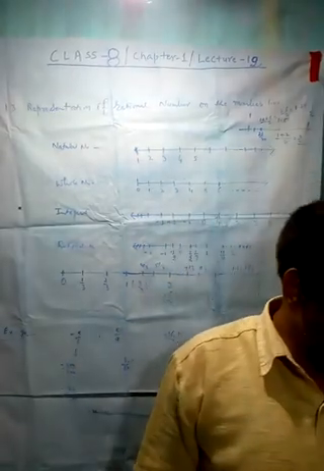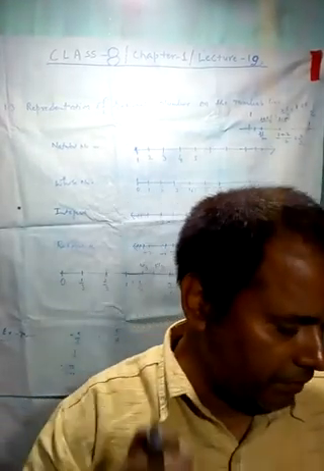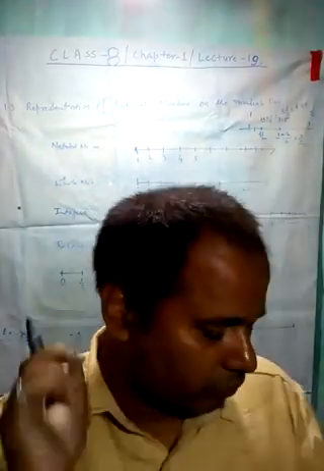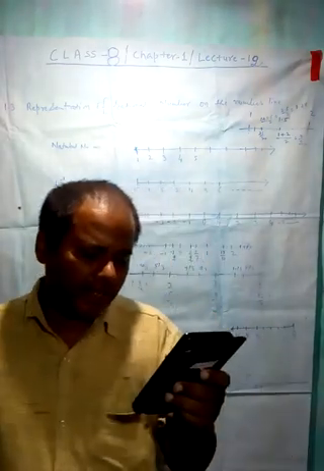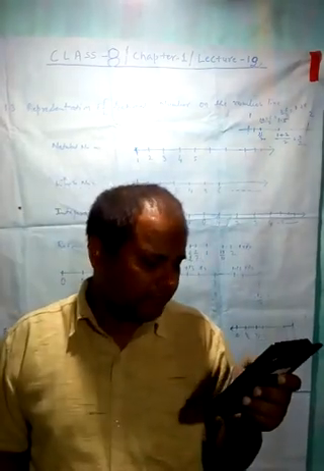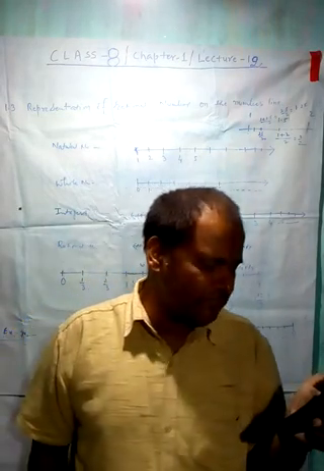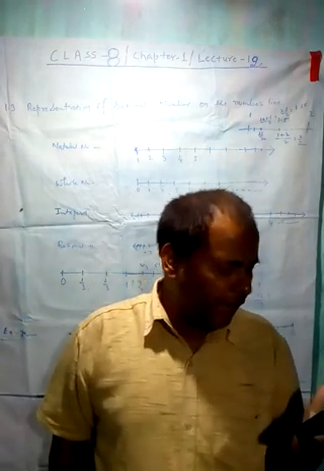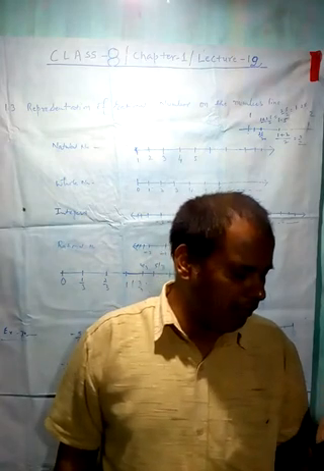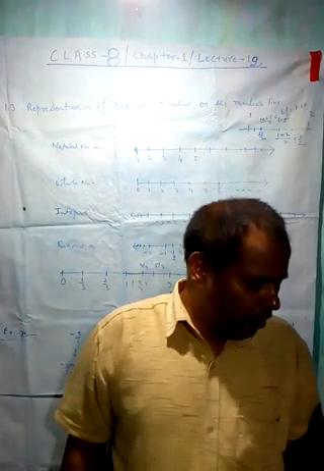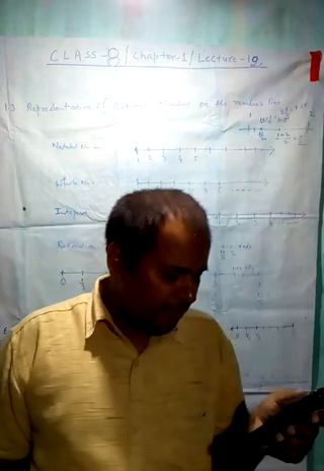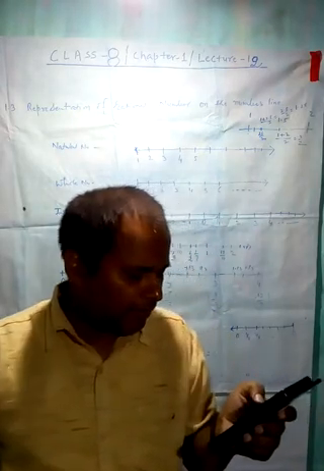Example number 9. Find three rational numbers between 1 by 4 and 1 by 2. As given in the above example, the mean is 3 by 8. That is, 1 by 4 is smaller than 3 by 8, and 3 by 8 is smaller than 1 by 2. We now find another rational number between 1 by 4 and 3 by 8.